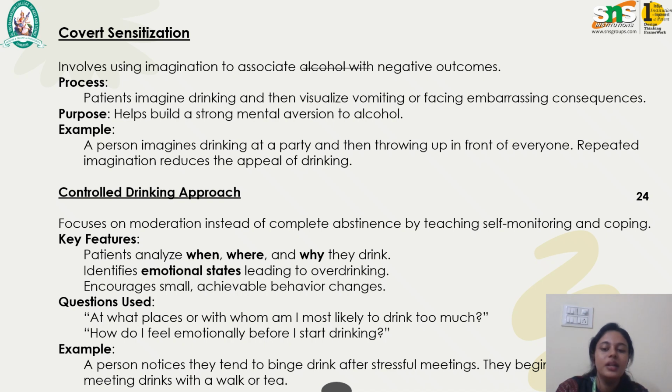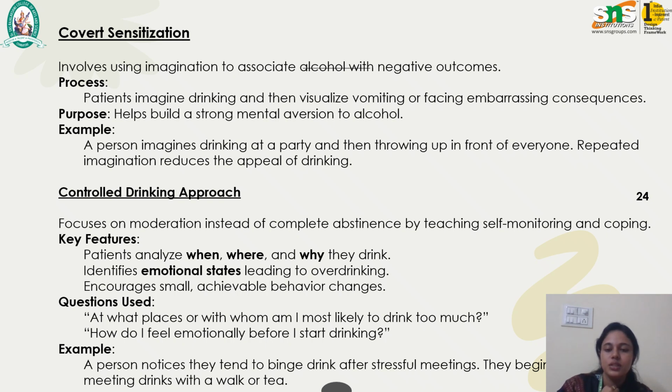So we can tell the patients to notice those triggers and how to mindfully reduce those habits. Patients can analyze when, where, and why they started drinking. Next is identifying emotional states leading to overdrinking, the emotional states that cause this individual to intake alcohol.